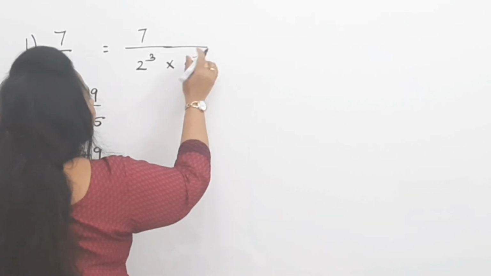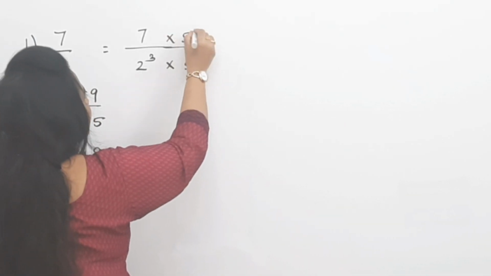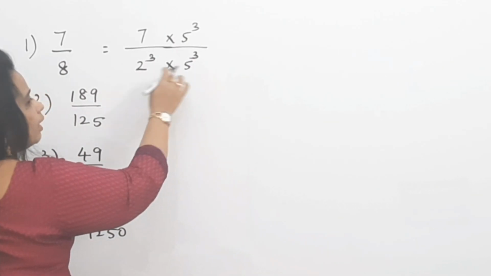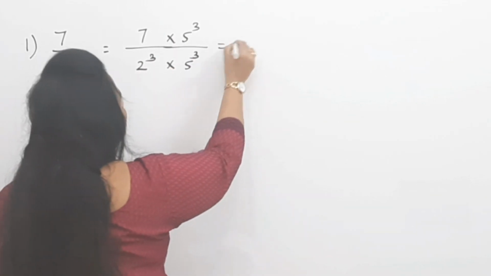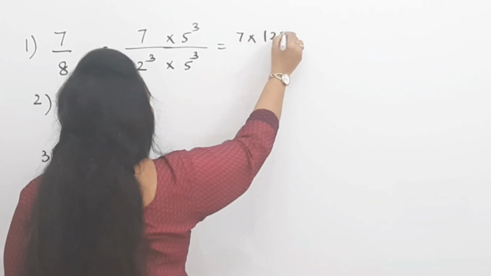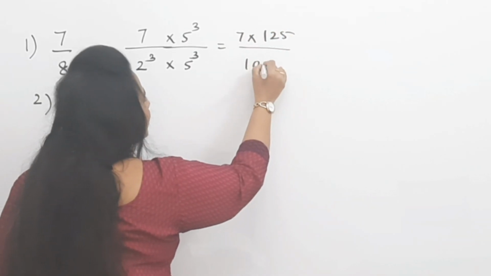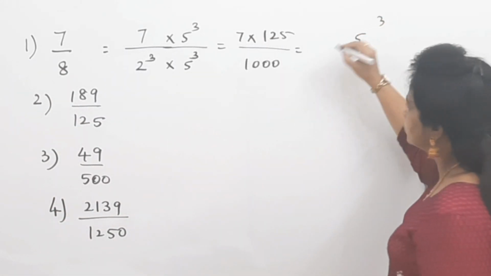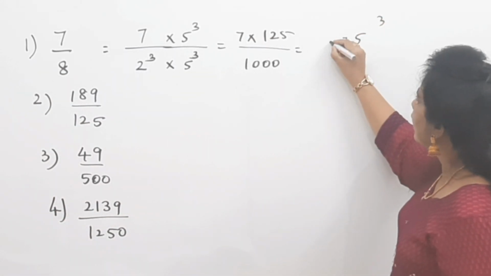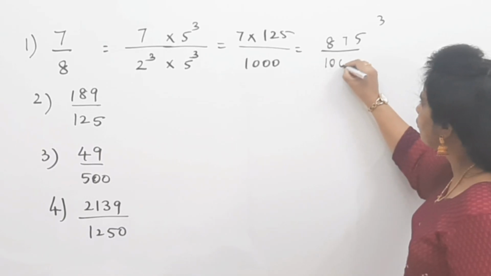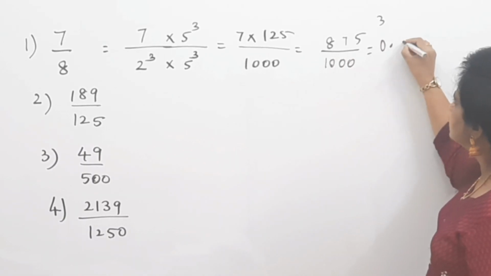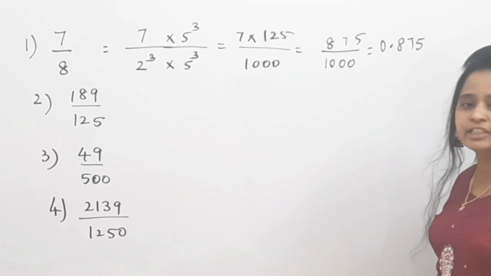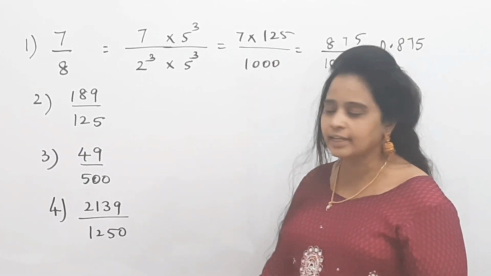So I multiply and divide by the same power of 5. That becomes 7 into 125 divided by 1000. That is 875 divided by 1000, which is equal to 0.875. So that is how we do the calculation.